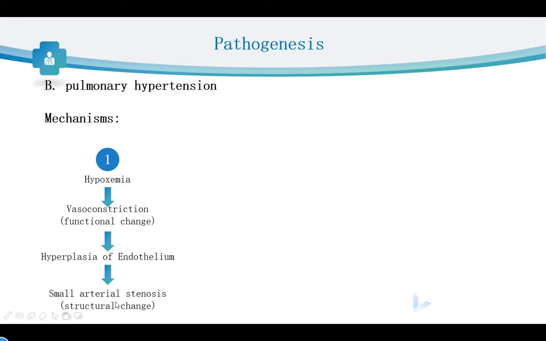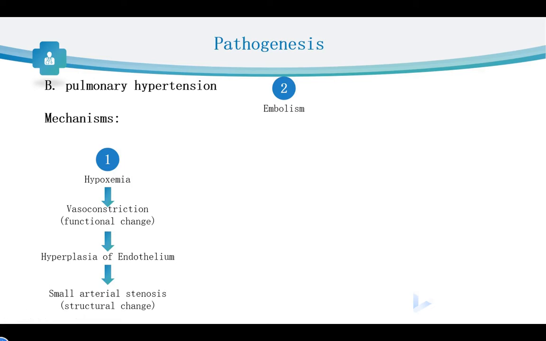In this condition, the increased pressure of the pulmonary artery will exist for a long time, and that is the pulmonary hypertension. This first mechanism for the pulmonary hypertension is the most popular one, and there are also other two mechanisms for the pulmonary hypertension.